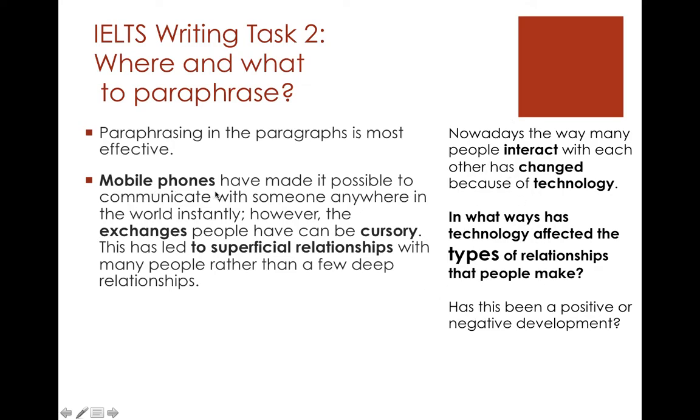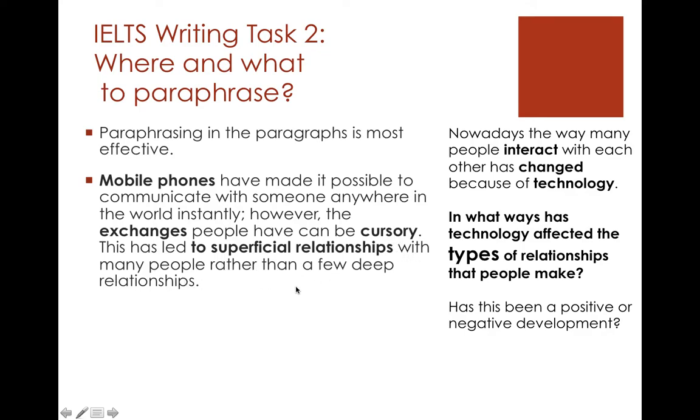So mobile phones, that's technology, have made it possible to communicate with someone anywhere in the world instantly. However, the exchanges people have can be cursory. So this has led to superficial relationships. That means not deep, with many people rather than a few deep relationships.